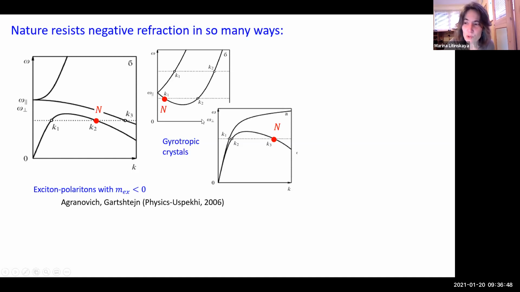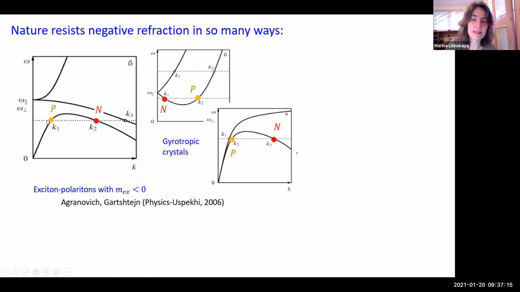You see that for all these waves which refract negatively, we have a resonant wave which refracts positively. And this wave is much more natural. So this would be the light line. Here you would have the exciton, right? Here you would have an exciton, and here you would have the light line in this polariton.